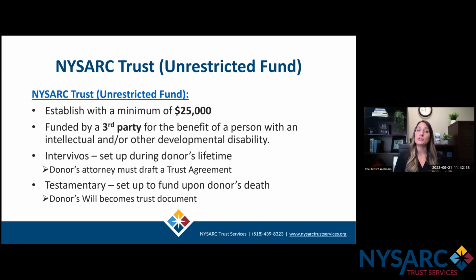If you're setting it up during your lifetime, it requires a trust agreement to be drafted by an attorney, and our team would need to work with that legal professional to review and approve that document. If the intent is to fund it upon the death of the donor, then we can work directly with your attorney to make sure that the trust is properly named within your will and other estate planning documents. And at the time of your death, that will become the trust document that governs the unrestricted fund.